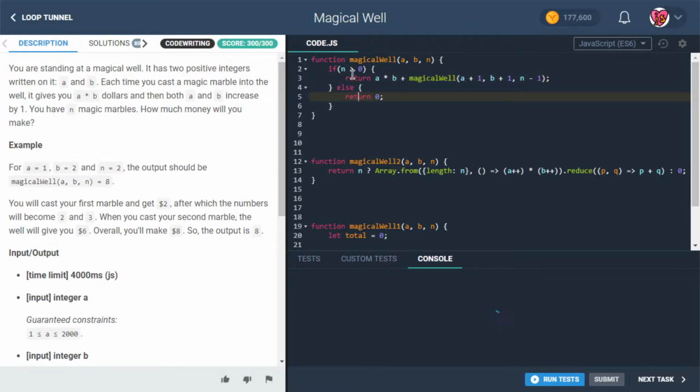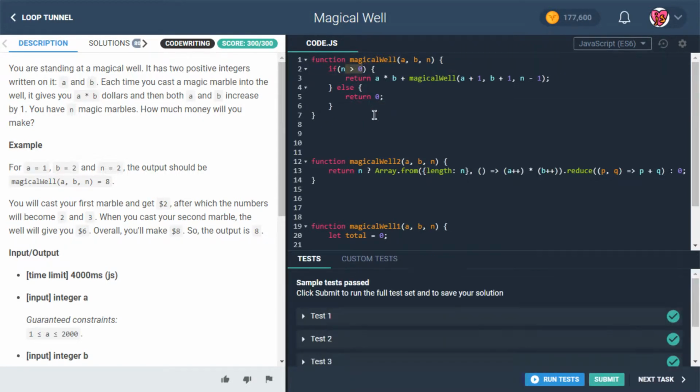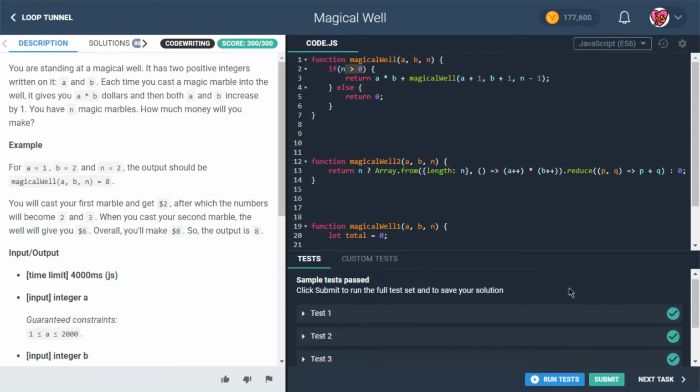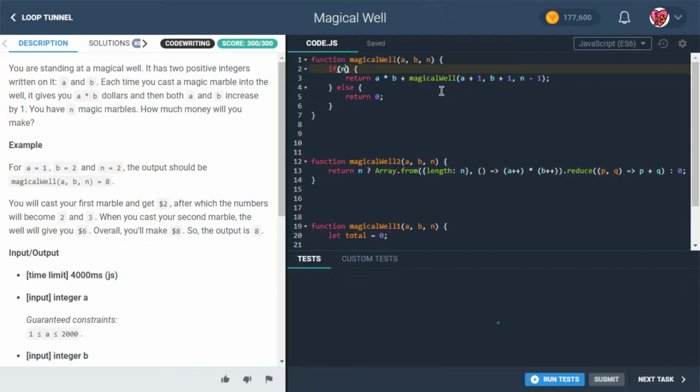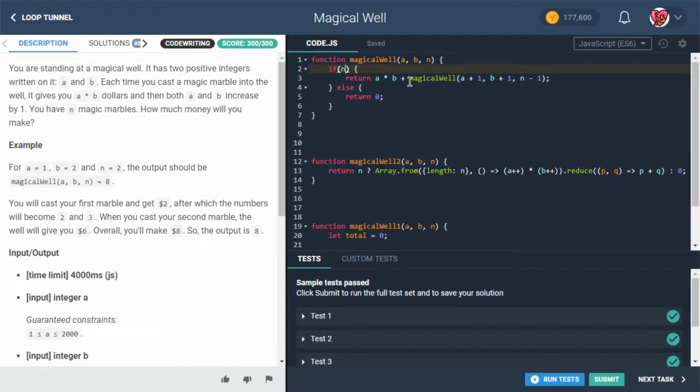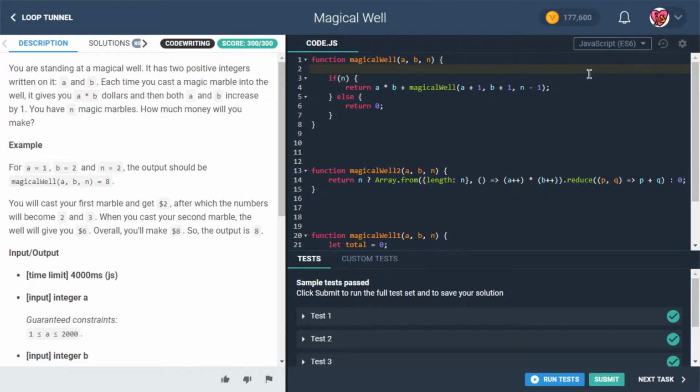And while we wait for that, we could probably clean this up in a few ways. First of all, it's saying if n is greater than 0. Yeah, okay, it works. Awesome. So it's saying if n is greater than 0, but again, just like we saw over here, we could just say if n, right? Because if it's 0, that's going to get typecast to false. So, okay, great. And notice in each case, we're just returning something. So maybe we'd be better off using a ternary here.